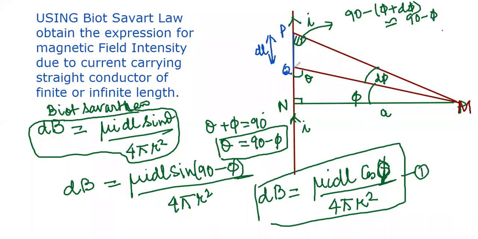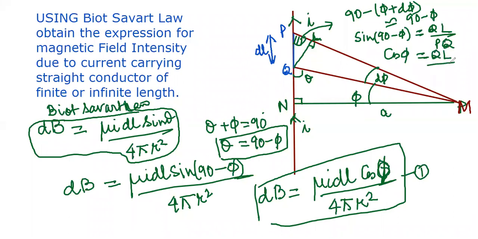Now I drop a perpendicular over here, and let the foot of the perpendicular be the point L. Now you can see that, according to the basic formula of trigonometry, sine of this angle 90 minus phi is equal to QL by PQ. Sine 90 minus phi is equal to cos phi. And what is QL? I will just write QL over here. And what is PQ?